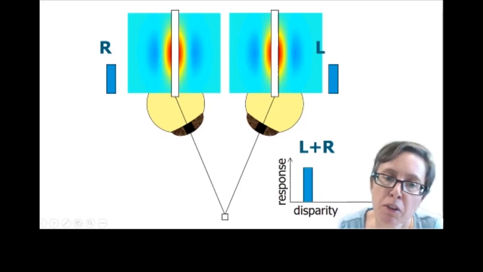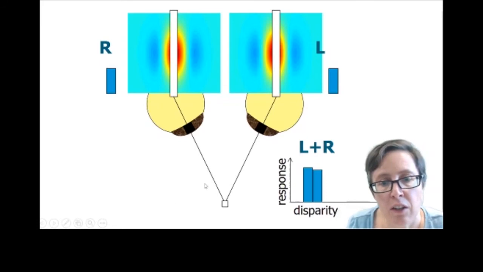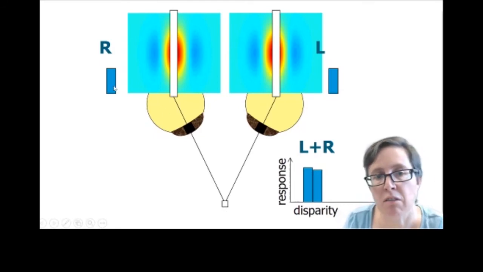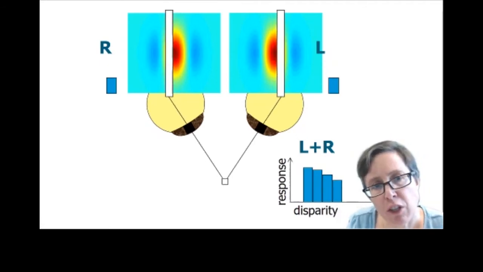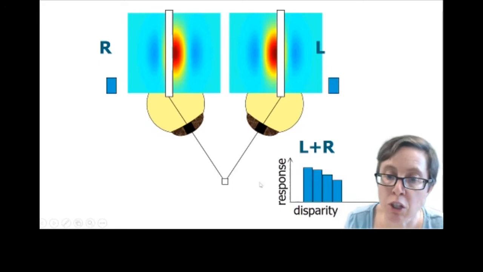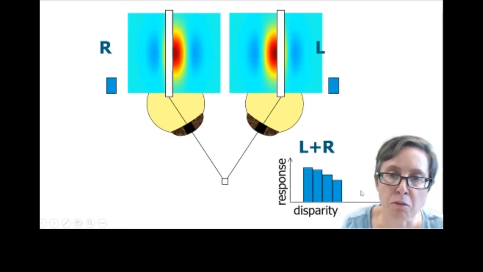But what happens as the bar moves closer? As it moves closer, then you can see, again, the image is shifting in opposite directions in the two eyes. It's moving towards the temple, temporally in the right eye, and also in the left eye. So the bar is gradually moving off this central on region into a part of the receptive field where it isn't driving the neuron as strongly, and so the response of this neuron is going to fall off.